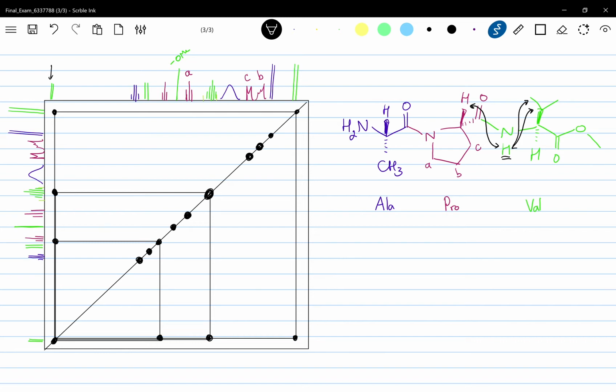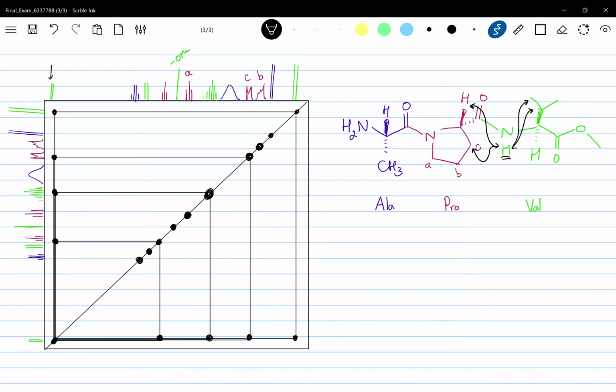And then apart from that alpha proton, it can also interact with these protons labeled C. So it is kind of doublets here, but a bit broader because of other interactions that might occur.